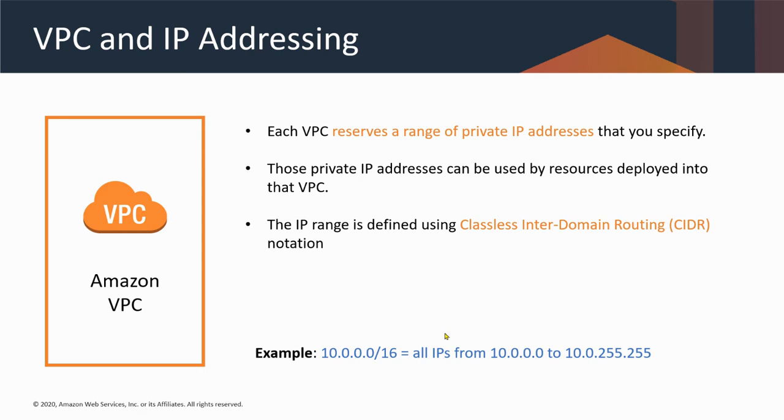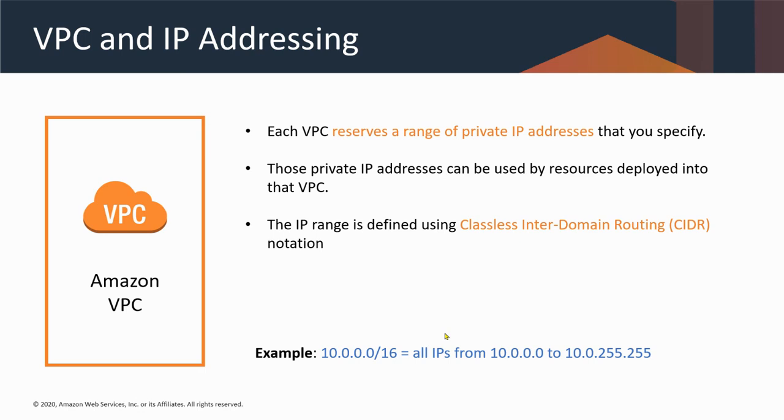So I may build a network as large as 256 IP addresses, and I may build a network that is as large as 1024 IP addresses, and I may build a network as large as 65,536 IP addresses. And actually, that's the maximum size for an IP address range you can book for a VPC. So again, it depends on your actual need, how many pieces of resources you actually want to deploy into that network. Depending on that, you're going to create a large network, medium network, or a smaller network, depending on your requirement.